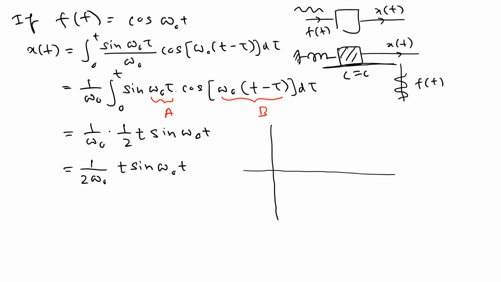We have these asymptotes actually, these two lines: one is t, and one is minus t.